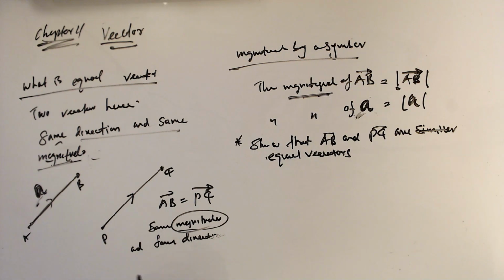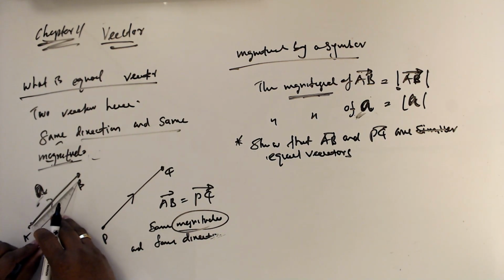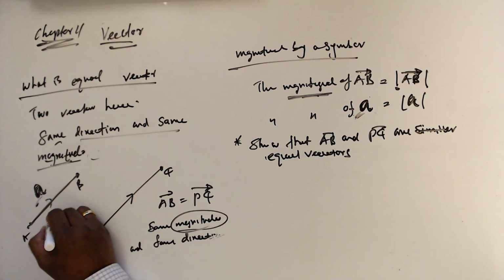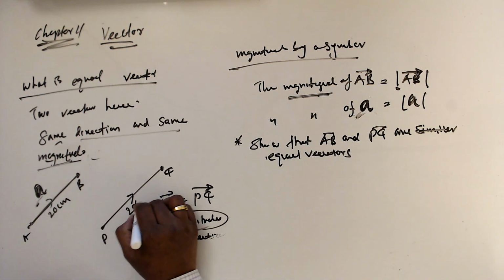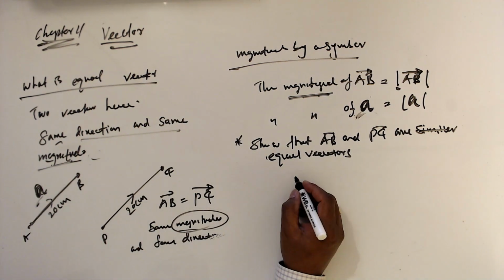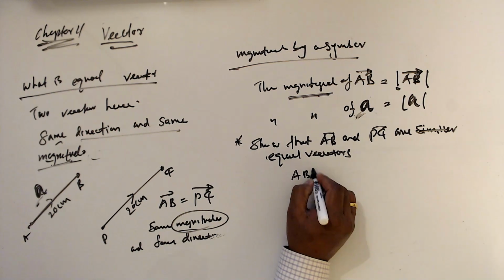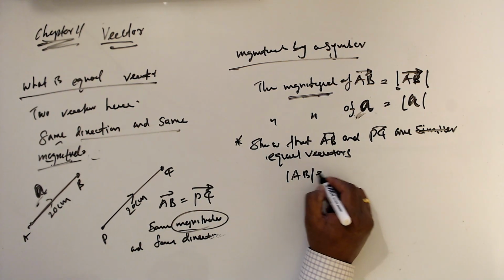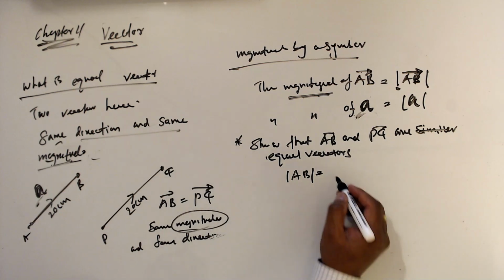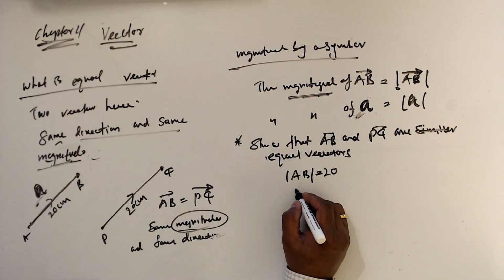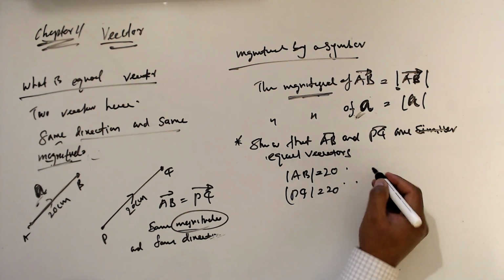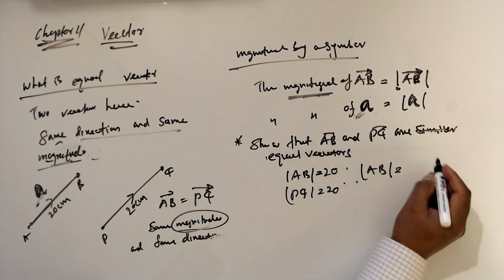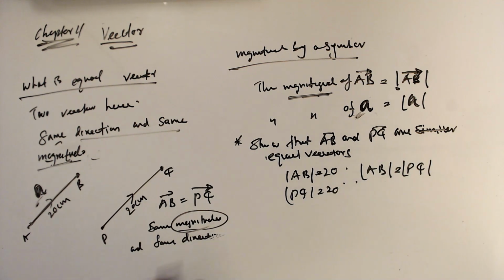Then you have to bring a ruler and you measure this one. Okay, that is 20 centimeter. This is also 20 centimeter. Then you are writing magnitude of AB equals 20, magnitude of PQ equals 20, hence AB magnitude and PQ magnitude are same.